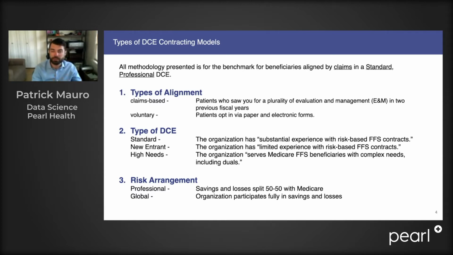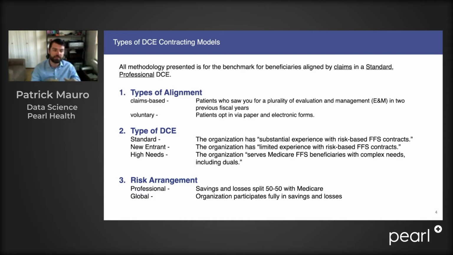The first is we look at types of alignment of the beneficiaries. So beneficiaries can be claims aligned or aligned based on claims. And those beneficiaries are the folks that saw you for plurality of their primary care in the previous 2 fiscal years. Now, you can capture other patients as well if you have them fill out paper or electronic forms, and those beneficiaries are what we call voluntarily aligned.